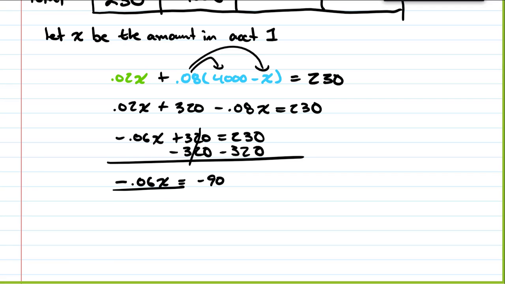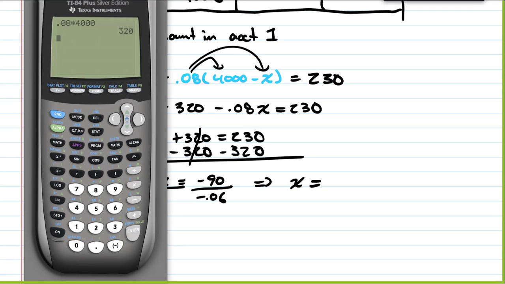We divide by negative 0.06 on both sides, and that gives us x equals negative 90 over negative 0.06, and we get 1,500.